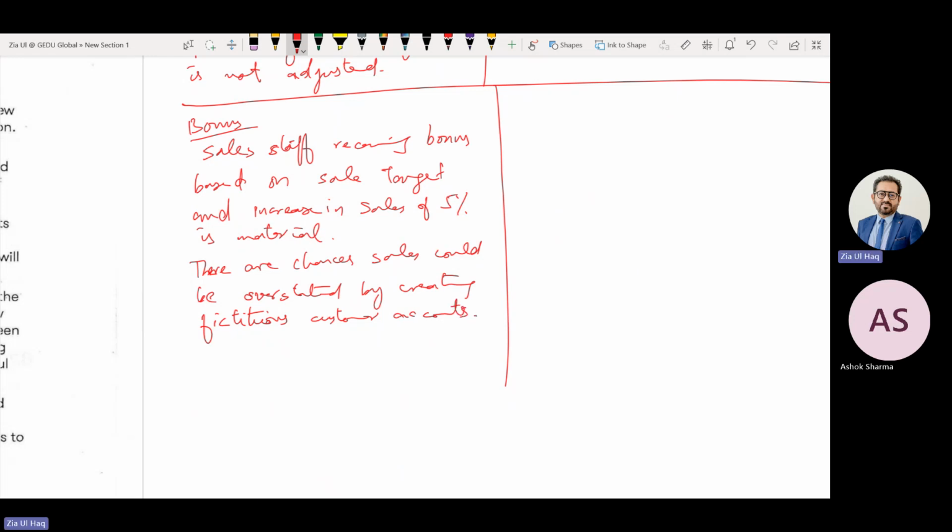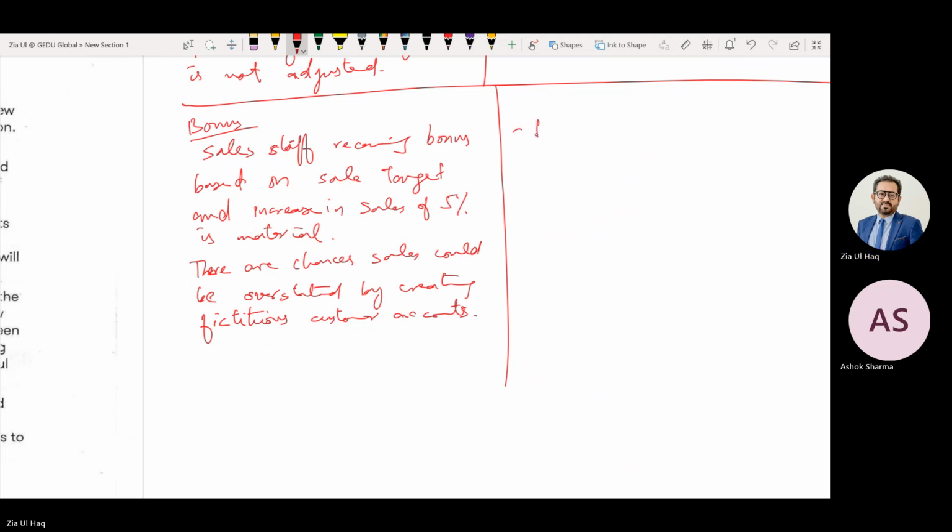How can we verify sales are not overstated? We should verify the occurrence of sales. How do we verify occurrence? We trace a sample of sales ledger balances to relevant invoices, dispatch notes and orders to ensure sales are supported by these.